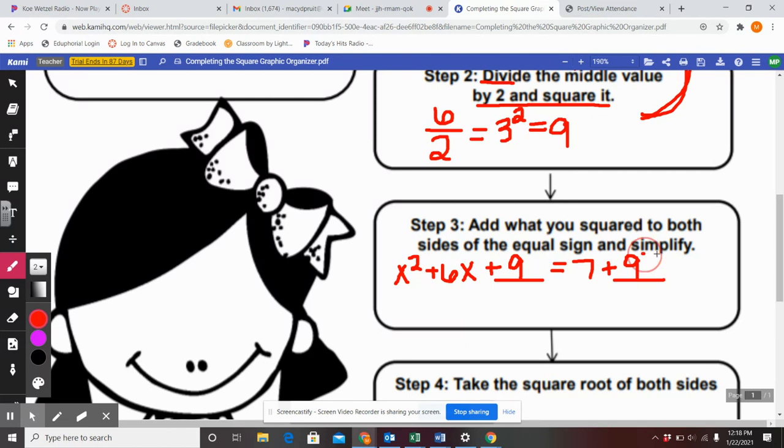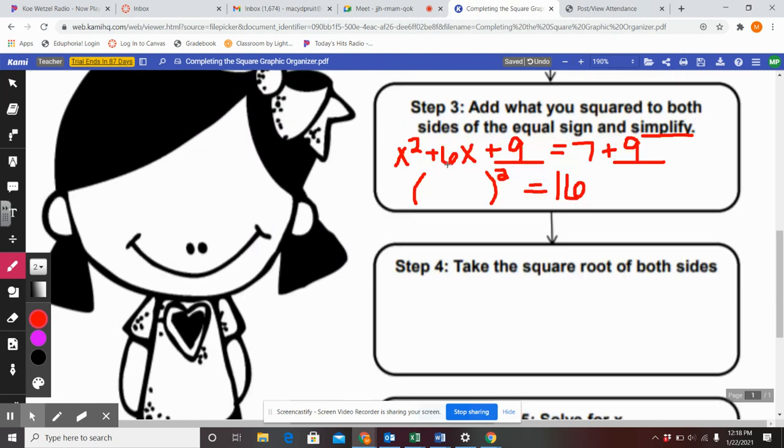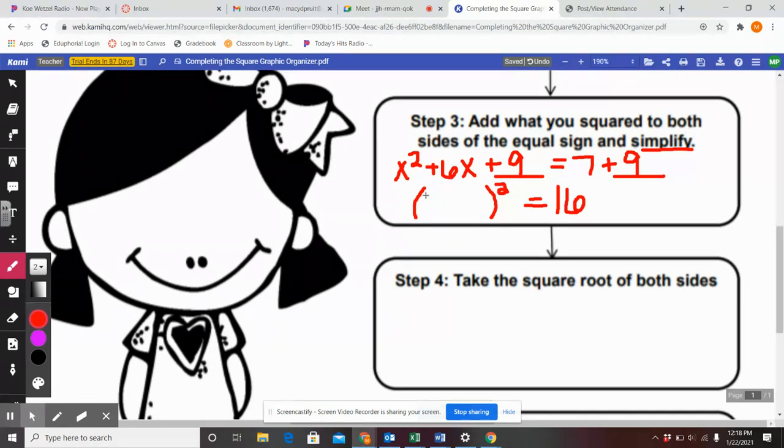Okay, and this is how you're going to write it. So when it says to simplify, we're going to break down this quadratic. You're going to write it in 1 parenthesis squared. And that's equal to, what's 7 plus 9? 16. Okay, so let's figure out what goes in this parenthesis. So first off is an x.